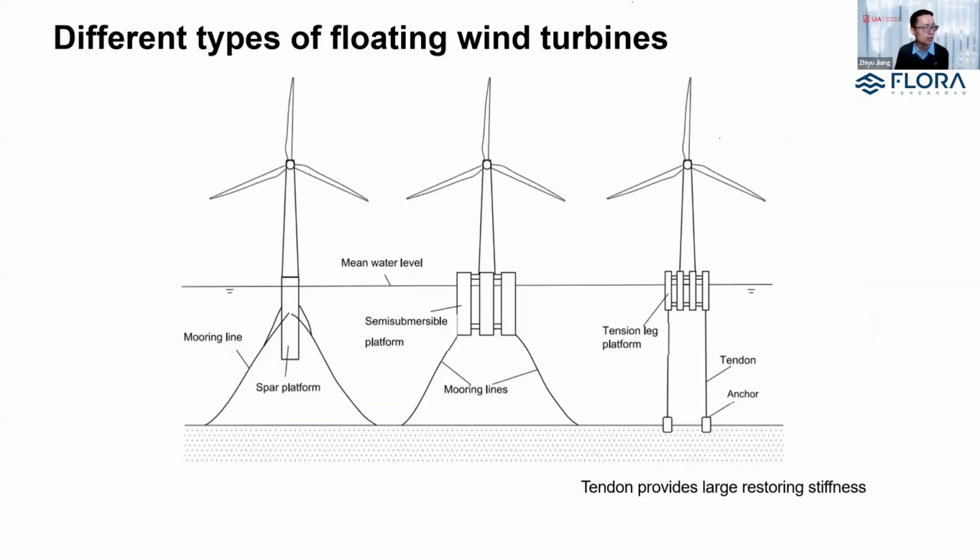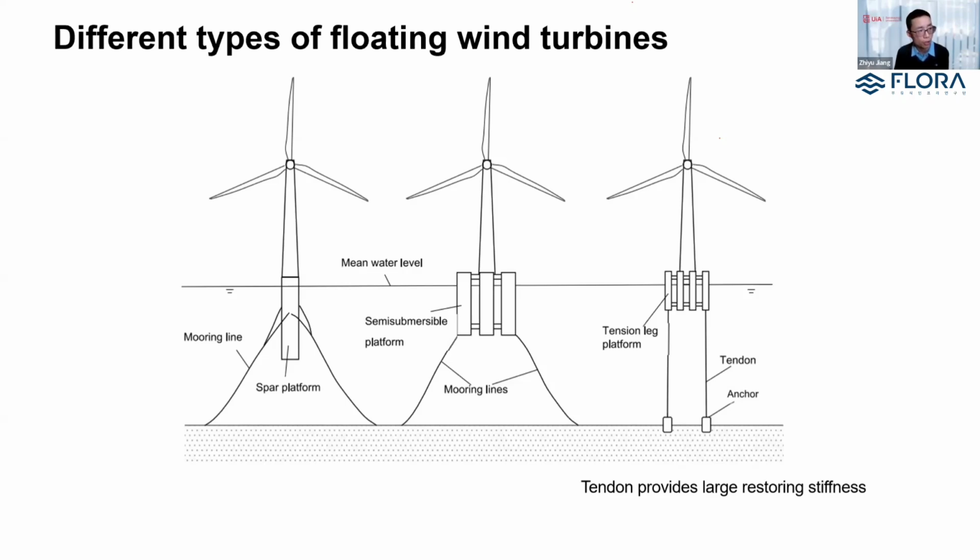This image is simply a different illustration of the previous one: spar, semi-submersible, and tension leg platforms. I've already mentioned that the tendons of the tension leg platform provide large restoring forces. So if you look at the mooring tension in those different mooring lines, the mooring tension of the tension leg platform can be the highest.